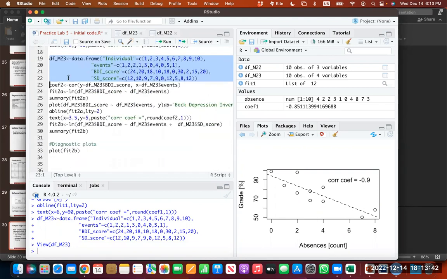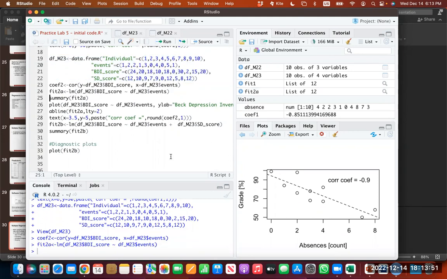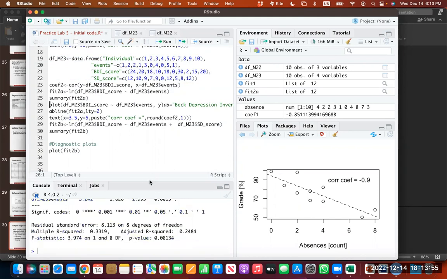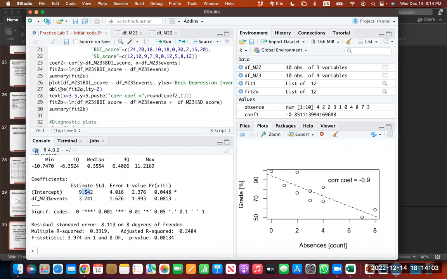We do the same thing, we do coefficient 2. It's our 0.58 correlation coefficient. Fit 2a is the fit without sleep disturbance score. So that's the univariate analysis we did: 3.24 and 9.542. Sounds familiar, I hope.